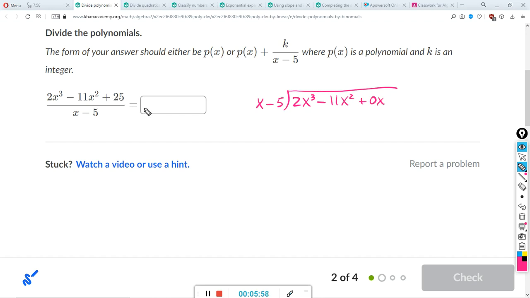And the last one is 25. Okay, so what times x is 2x to the third? Well, that's just going to be 2x squared. Okay, 2x squared times x. And 2x squared times negative 5 is negative 10x squared.